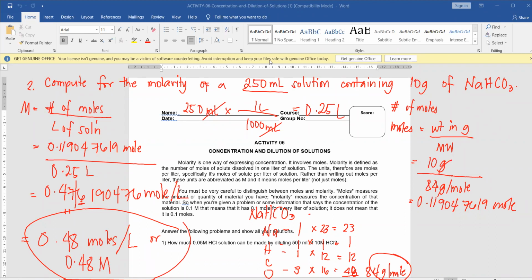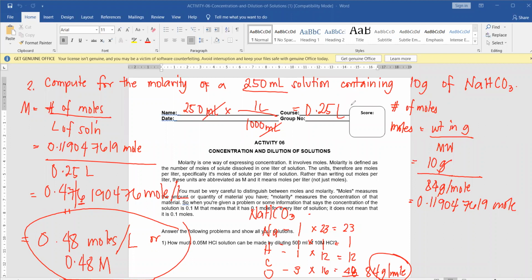Dun sa mga hindi nakakuha ng tamang answer, ano yung nangyari? I hope you have identified which part of the process kayo may na-miss. Kaya hindi niyo nakuha yung 0.48 M. Okay? So, questions about this problem?